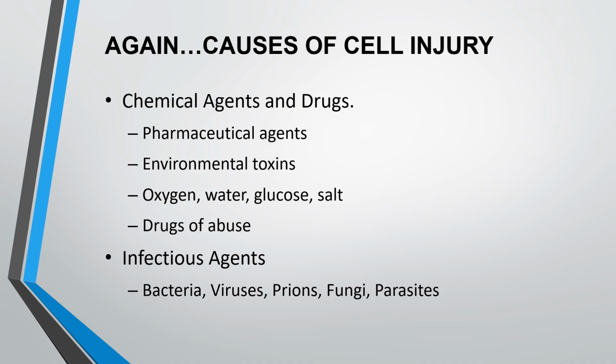And finally, infectious agents. Bacteria, viruses, prions, which are terrifying and not alive, fungi, parasites. These injure cells either directly or indirectly by triggering inflammation. A key takeaway here, cells don't care why they're injured. They respond the same way.